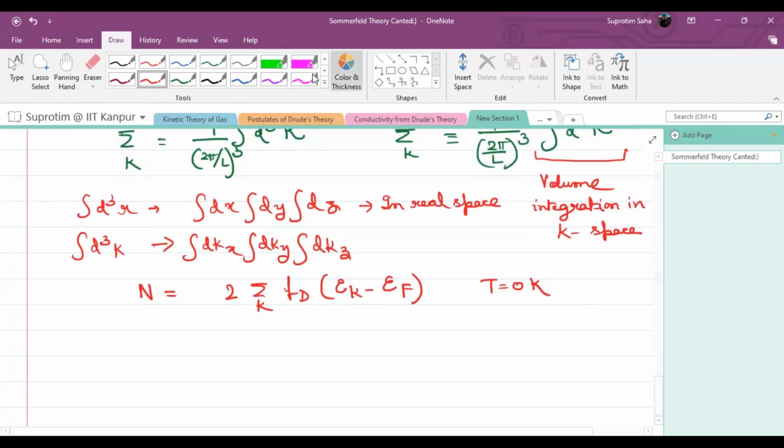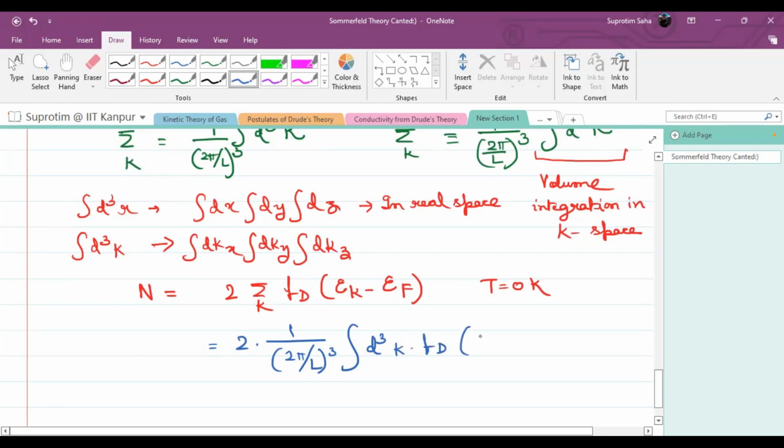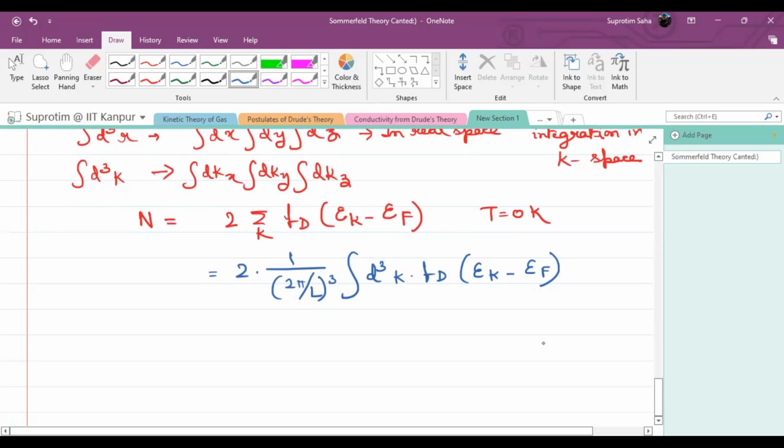This gets transformed to 2 times 1 over (2 pi over L) cubed times the integration d cubed K of the Fermi Dirac distribution of epsilon K minus epsilon F. Simple. Now recalling, how does the Fermi Dirac distribution look like?